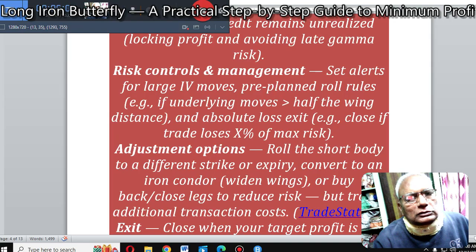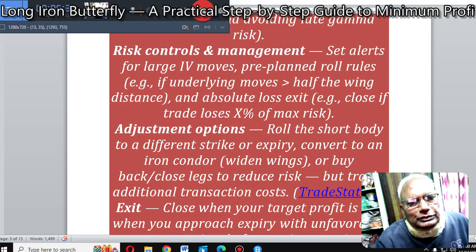Risk controls and management. Set alerts for large vol moves. Pre-planned roll rules, e.g. if the underlying moves off the wing distance. An absolute loss exit, e.g. close if the trade loses X% of maximum risk.